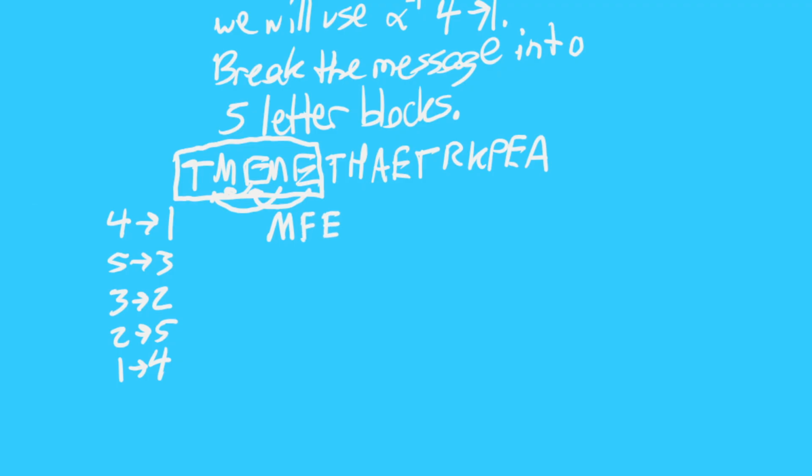I mean, that's the same letter, but I wanted to make sure I was doing the steps right. Then we have 2 going to 5. So we have M. Then we have 1 going to 4. Looks like I did it wrong again. T is supposed to go here and M is supposed to go here. So that's how this will work, and we'll do the same thing for the other 5-letter blocks. I will just go on and write down what those are.